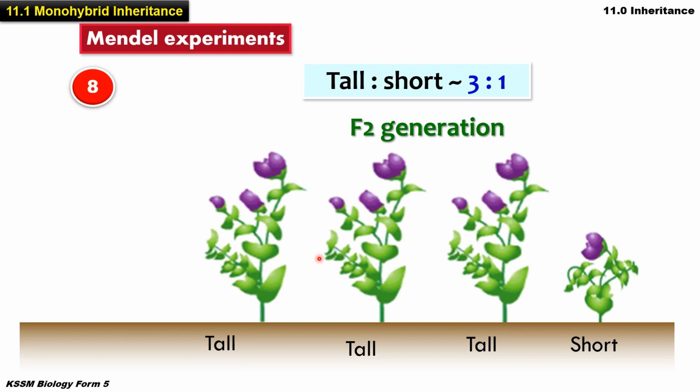So maksudnya Mendel dia tanam pokok tu 2 kali. Yang pertama, fertilization between tall and short, anak dia semua tinggi. Yang kedua, anak daripada tall dan short tu, self-pollination, dia dapat anak yang seterusnya 3 tinggi, 1 pendek. Kenapa terjadi macam ini?